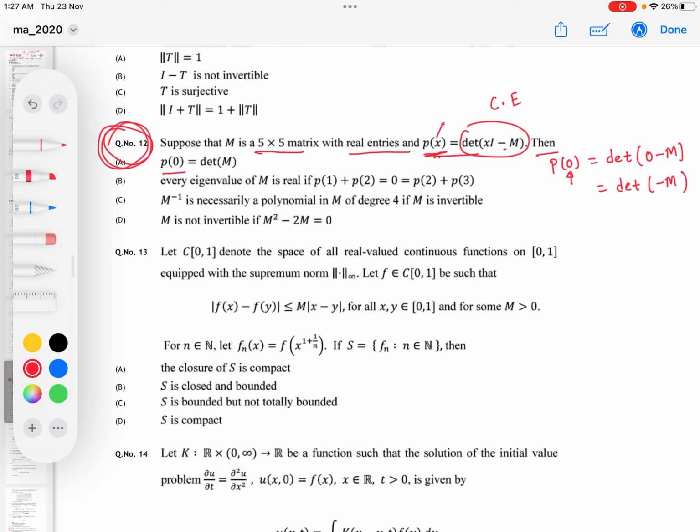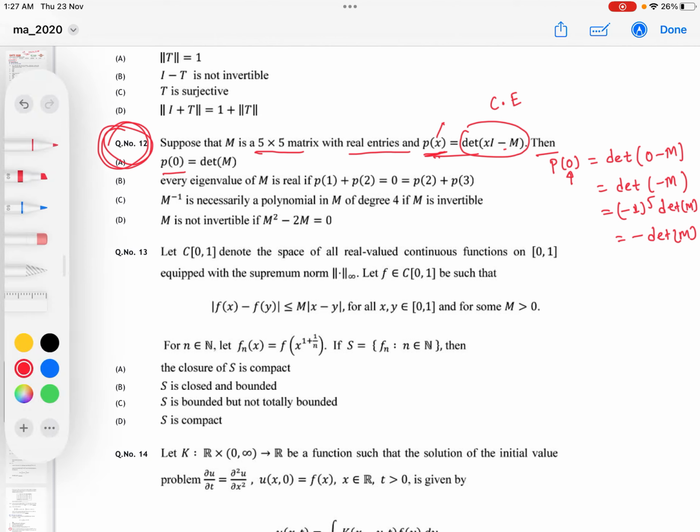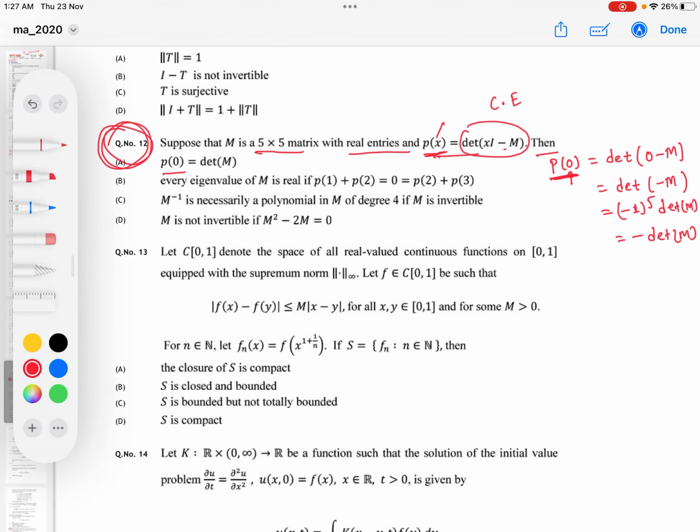And this M is 5 by 5. If we take the common factor minus 1 out, it will be minus 1 to the power 5 times the determinant of M. So p(0) is minus the determinant of M. So this option is incorrect.